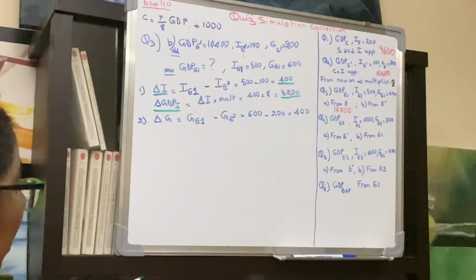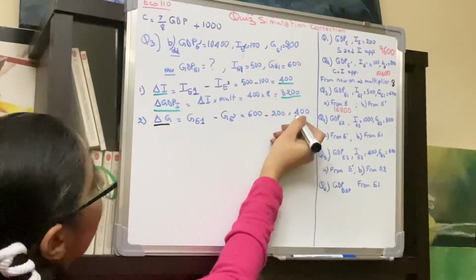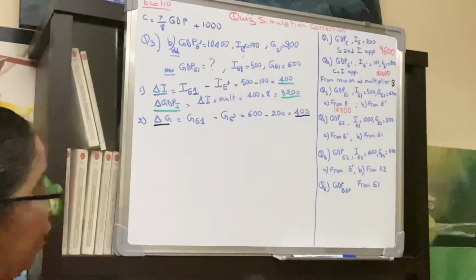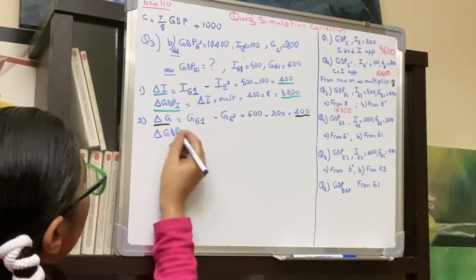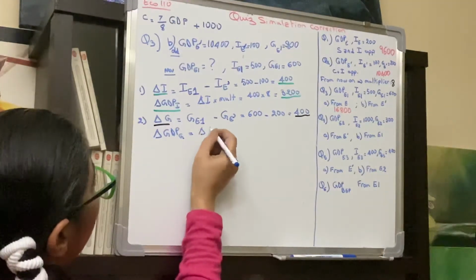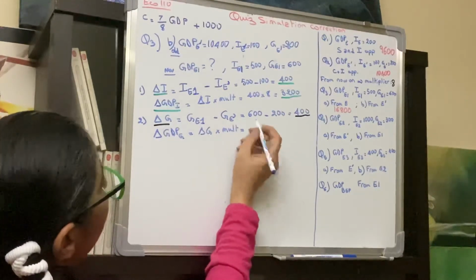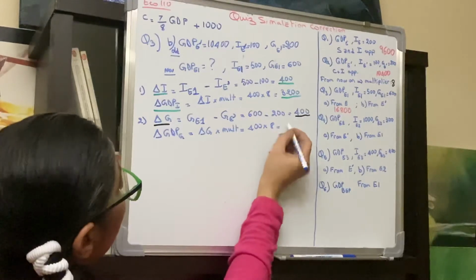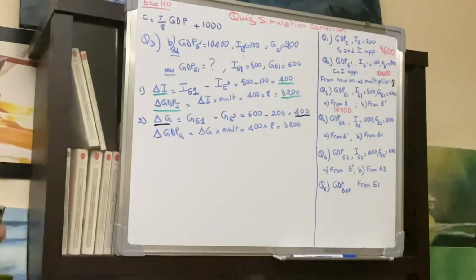So that's your delta G. And now I'm going to look for delta GDP due to G. Delta GDP due to G is equal to delta G times the multiplier, which is equal to 400 times 8, which is equal to 3,200. Okay?